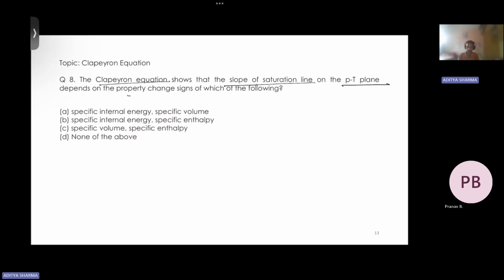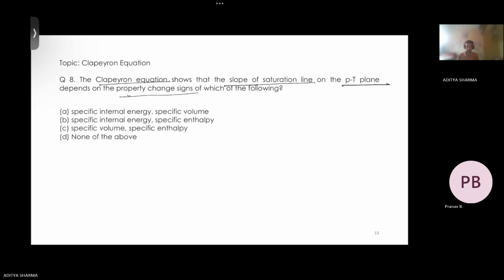So property change signs. So if some property is changing when we are moving from one state to another, the sign of that, whether it is positive or negative. So the slope depends on the property change signs of which of the properties.